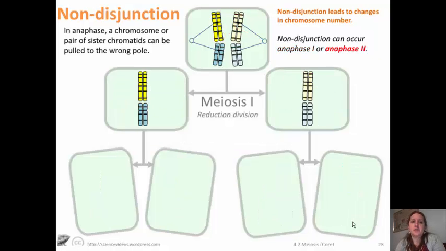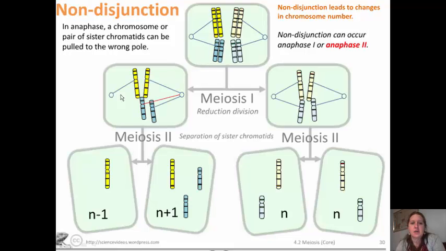All right, so the previous image was a nondisjunction in anaphase 1. Now let's look at a nondisjunction in anaphase 2. So we have everything separating correctly. We have 2 chromosomes in each cell, each with the sister chromatids. Now when they fail to separate, this blue guy is going to get pulled to the wrong side. So we're going to have one that's missing one and one that has more.